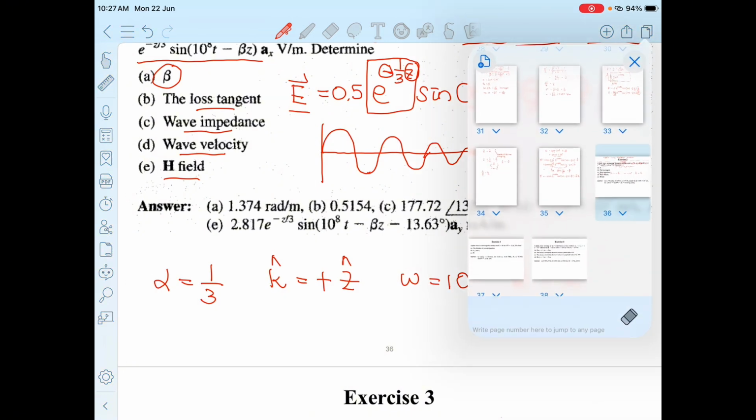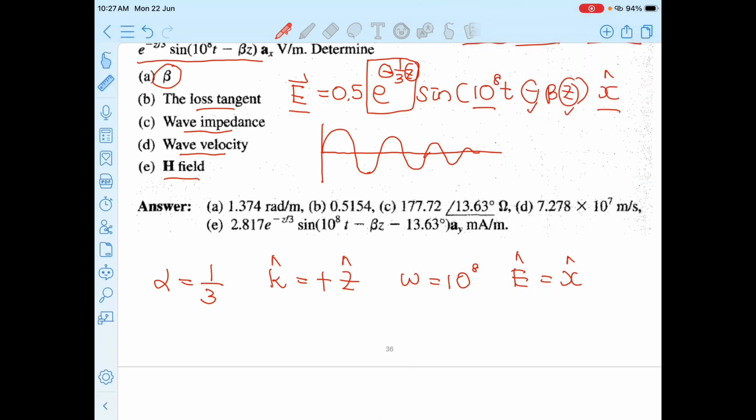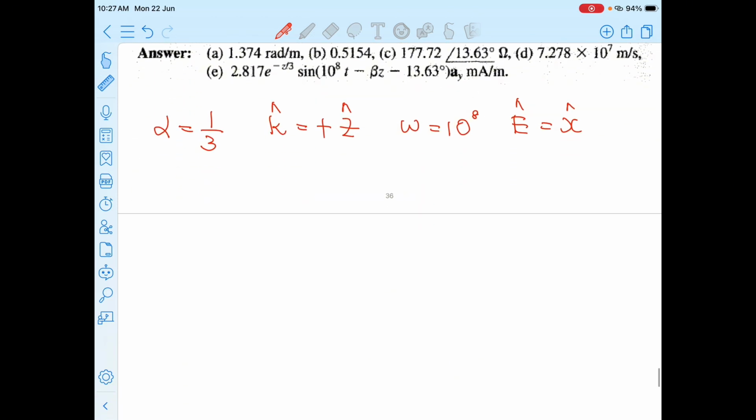Now let's look at the first one, calculating the phase constant. How do we calculate the phase constant? What is the formula for the phase constant? I have written down these formulas in my previous video, or you can refer to your notes under the section on lossy medium.